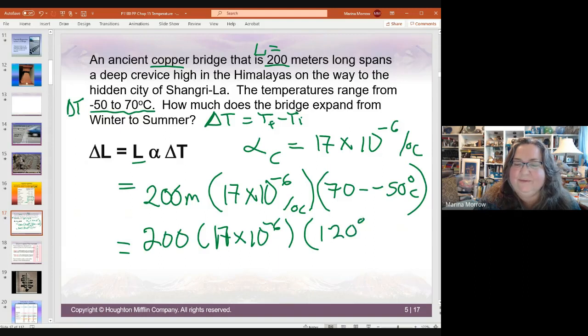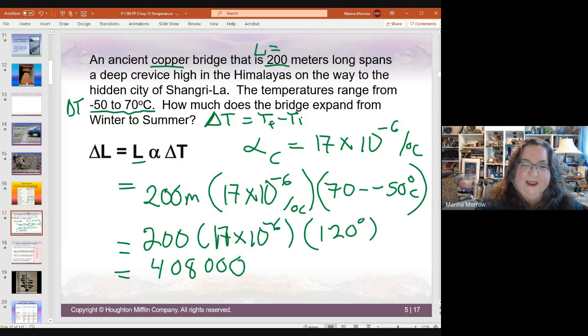Okay, so what I'm going to do is multiply all the real parts of the numbers and leave the 10 to the -6 the way it is for the moment. So I've got 200 times 120 times 17. And that's going to give me 4, 0, 8, 0, 0, 0, times 10 to the -6.